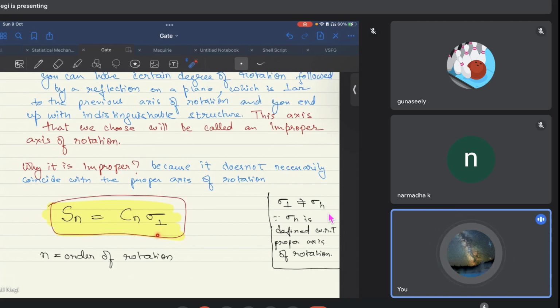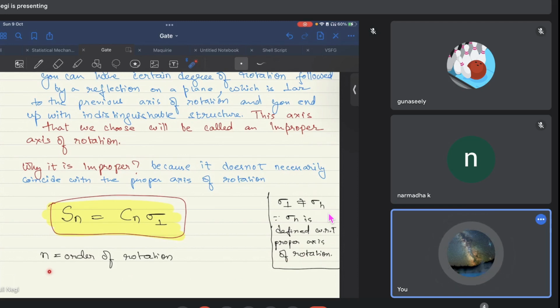Here, since we are not taking the axis of rotation as proper, because it does not give me the indistinguishable structure itself, but are taking any axis which does a little bit of rotation and then doing the reflection, I cannot use the sigma h notation here. I have made the point that sigma perpendicular is not equal to sigma h, because sigma h is defined with respect to the proper axis of rotation, if you go back in the video.